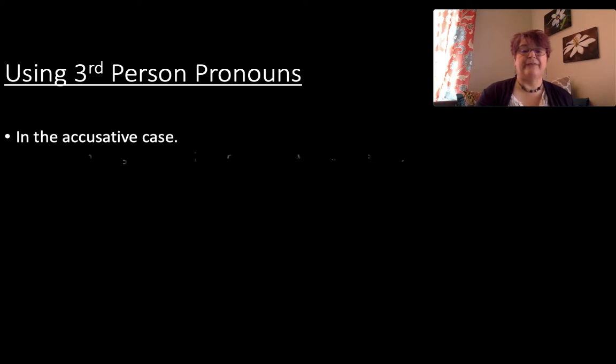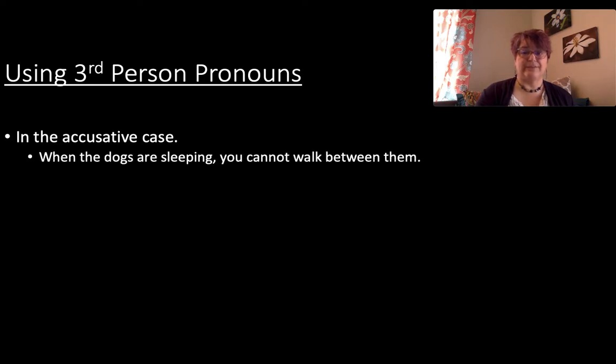Also, we have the accusative case being used as an object of a preposition. You can easily have a pronoun as an object of a preposition, like in this sample sentence. When the dogs are sleeping, you cannot walk between them. Them is referring to the dogs, which is plural and masculine. In its part of the sentence, it is the subject.